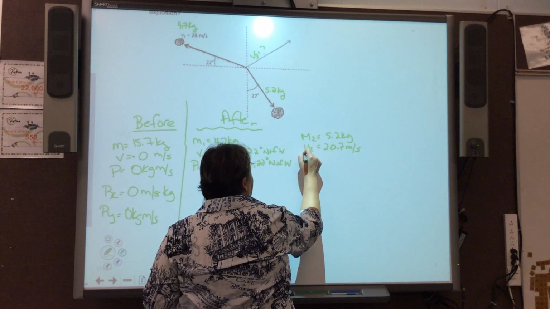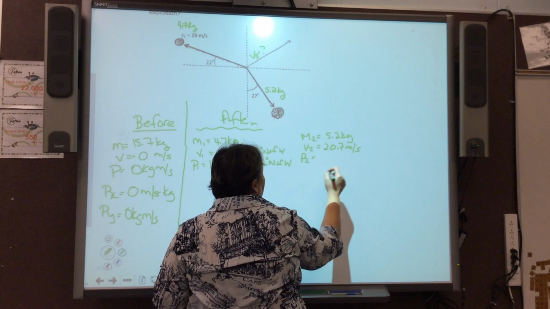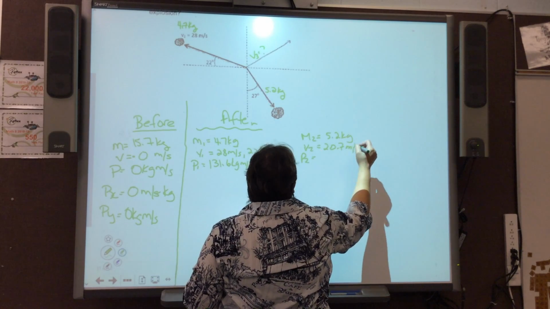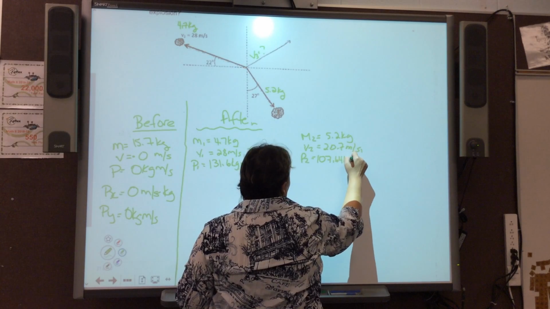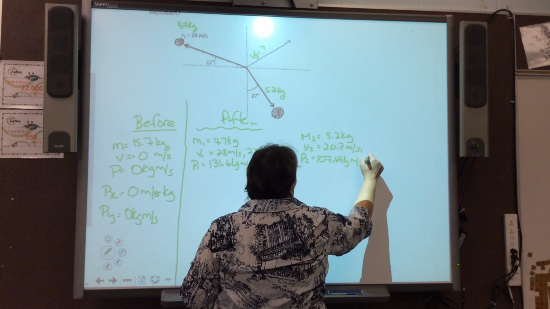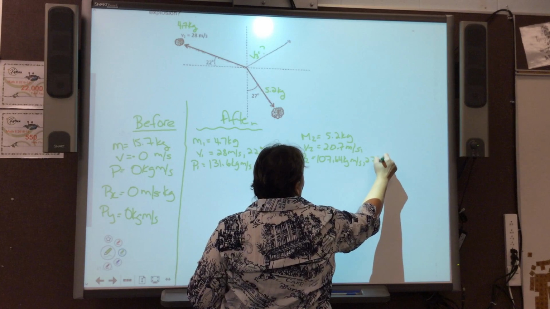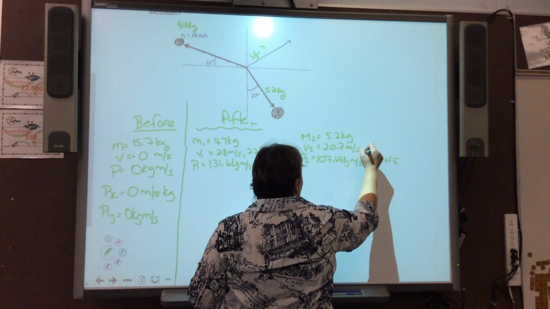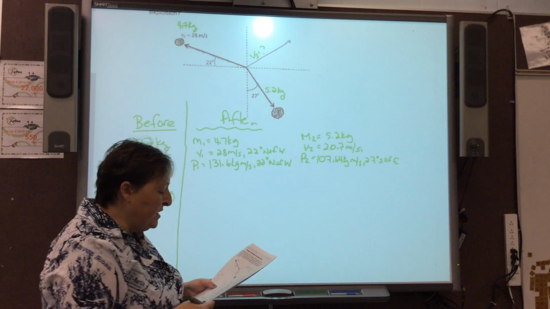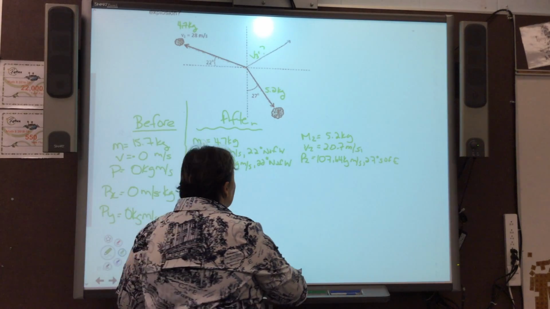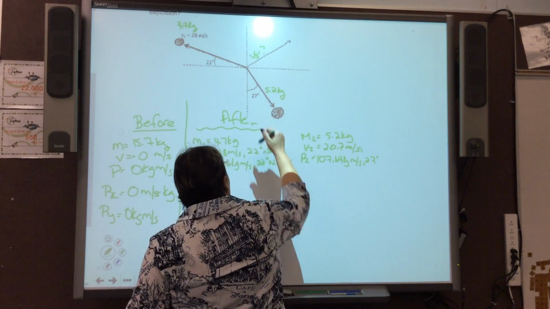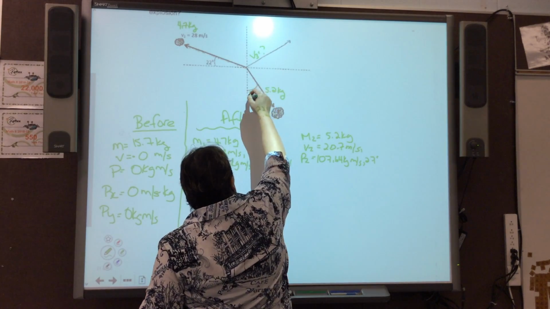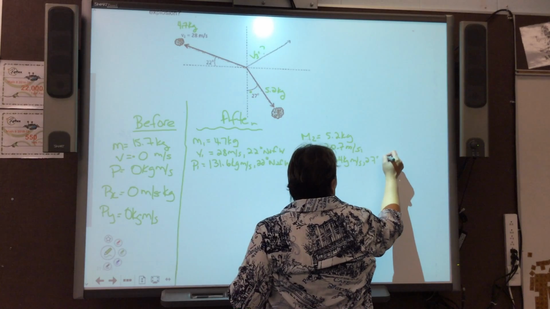And so our momentum 2 is at 27 degrees east of south, because it's looking at this angle here.